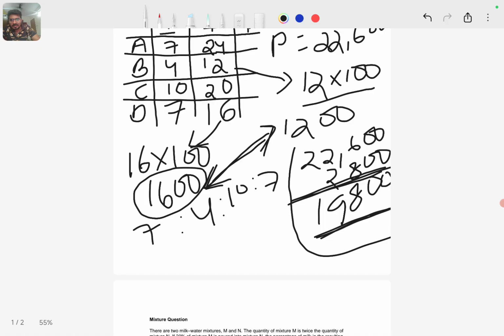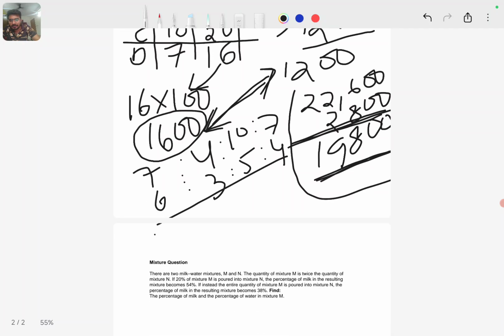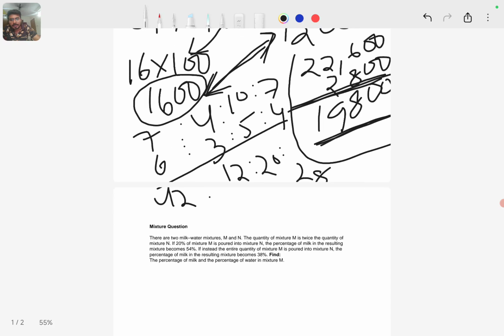And time is, I am cancelling this before, 6 3 5 4, and the profit ratio we are getting is 42 12 20 28. If I cut it by two, 21 6 10 and 14.